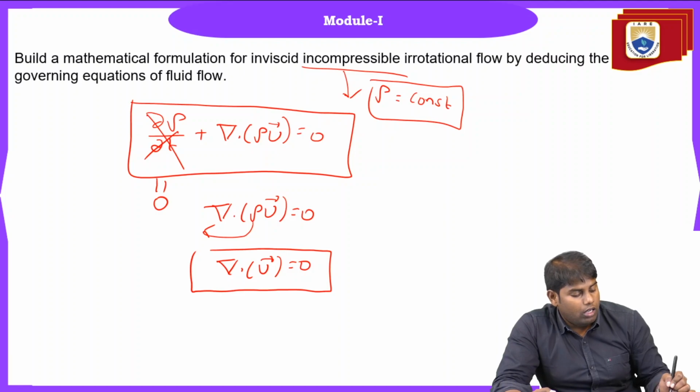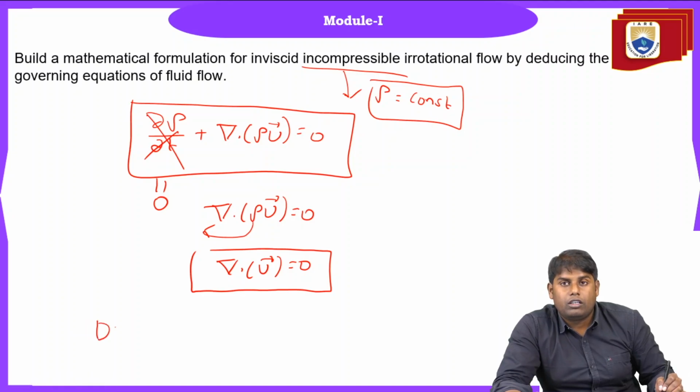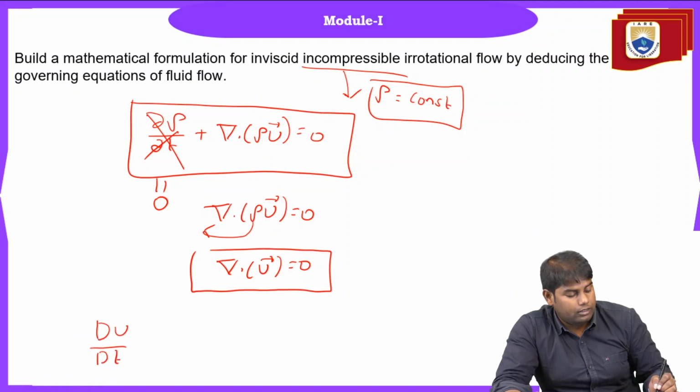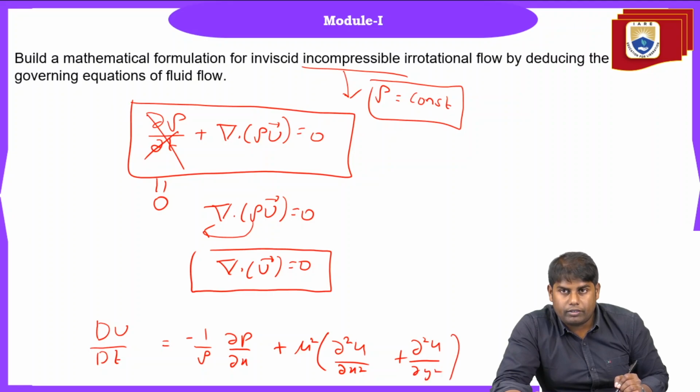Now, when we come to the other equation, the momentum equation, let us take capital D u by D t equal to 1 by rho times minus dou p by dou x plus mu times dou square u by dou x square plus dou square u by dou y square. This is the basic momentum equation.